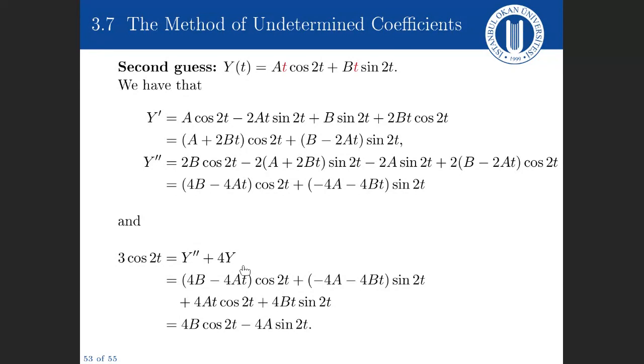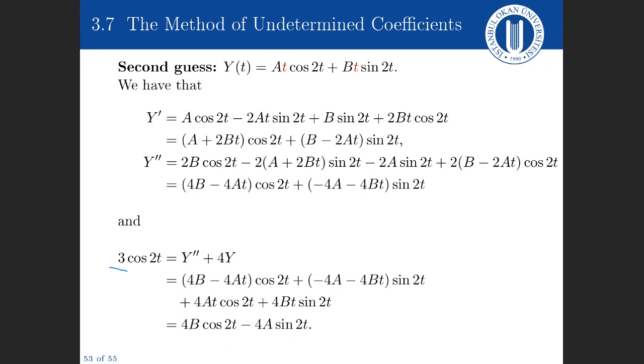And we substitute them into the differential equation. And we find that, yes, all of the t cos 2t terms and all of the t sin 2t terms will cancel out. And we just have a cos 2t term and a sin 2t term. Now we can choose our A and our B.